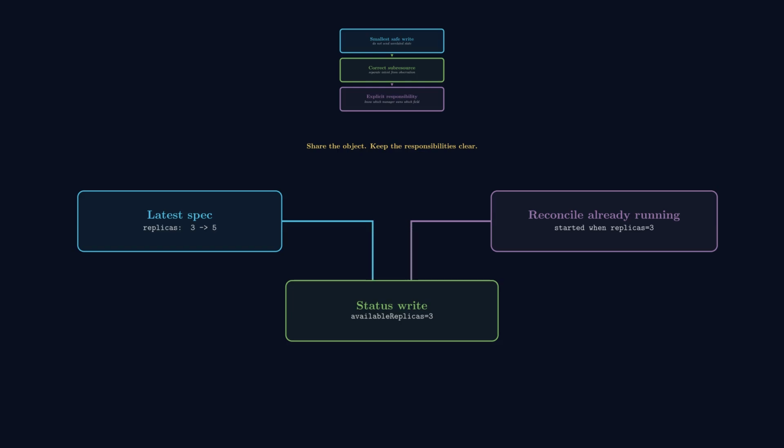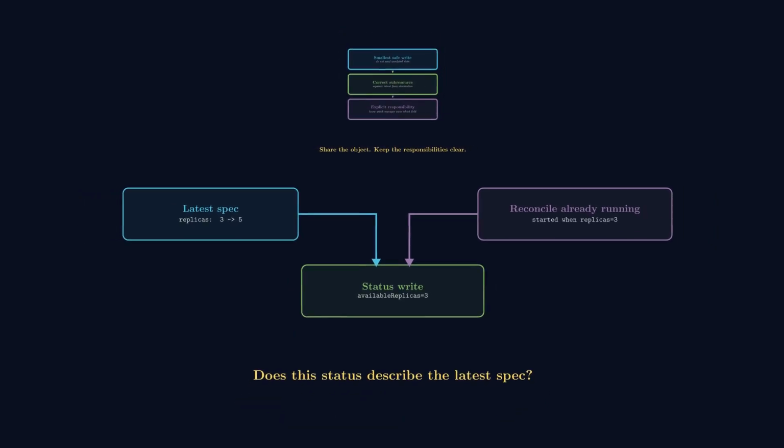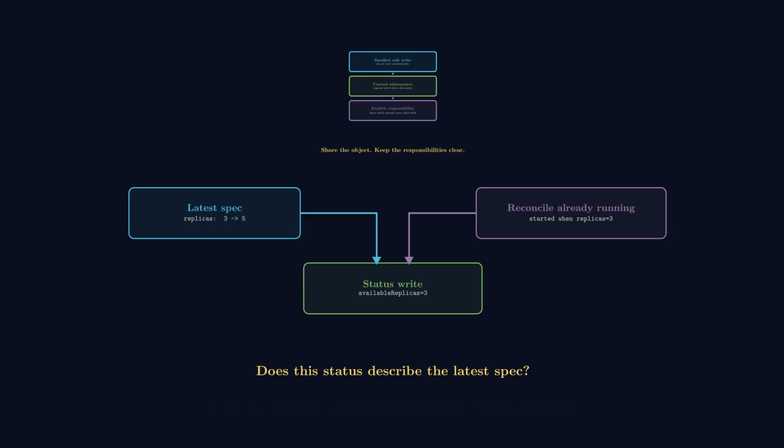That status is not necessarily wrong, but it may describe the older desired state. So how can we tell whether the status has caught up with the latest change? In the next episode, we will see how metadata generation, observed generation, and conditions help Kubernetes answer that exact question. Is the status we are reading about the latest desired state, or is the controller still catching up?